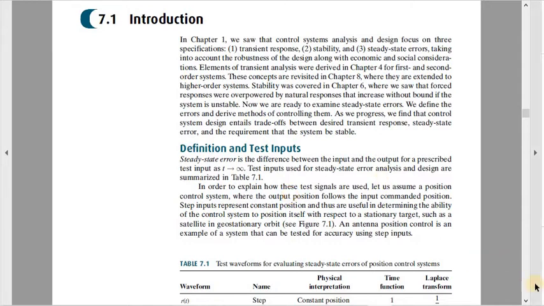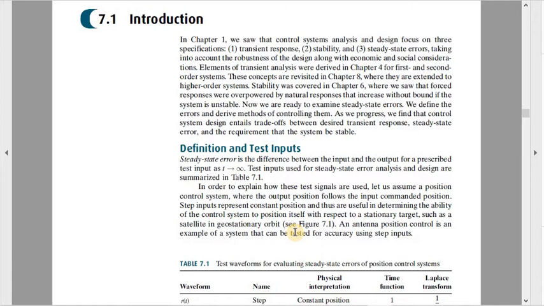These are noted in table 7.1. To explain how these tests are used, let us assume an example: a position control system, where the output position follows the input commanded position.